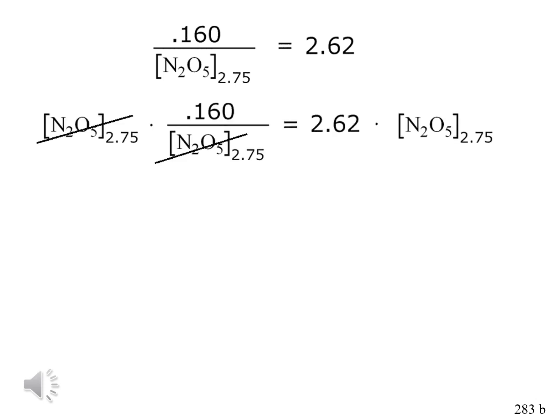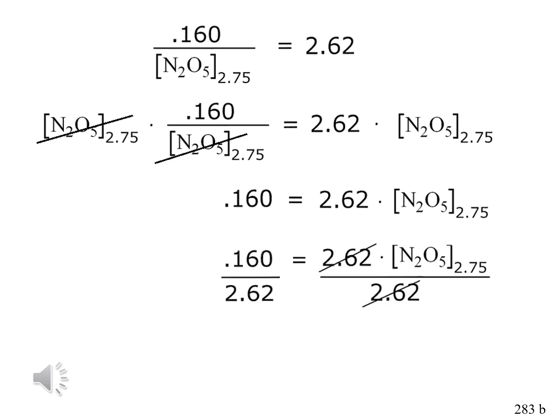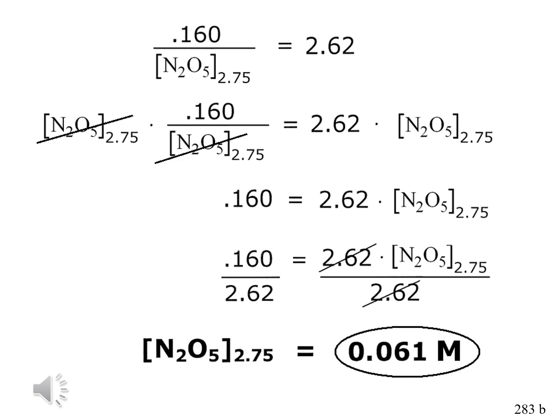To be on the safe side, you can multiply both sides by the concentration and cancel them on the left. I showed it canceled out here. Then you divide both sides by what's next to the variable, 2.62. I don't care how you do this mathematically, but you have to come out with 0.16 divided by 2.62. Otherwise, it's just not the right answer.